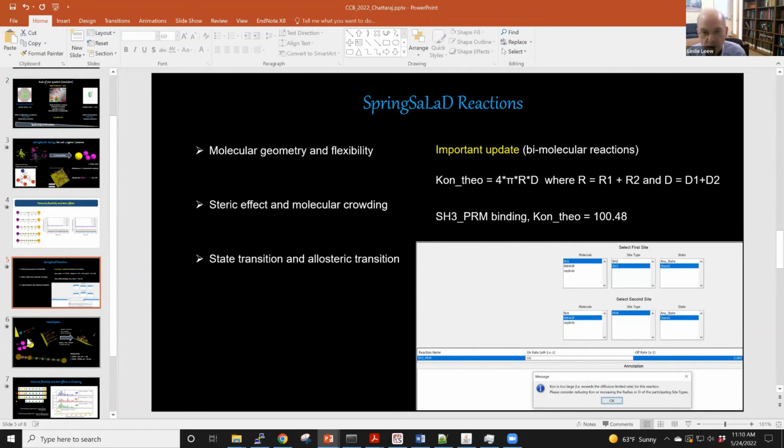One thing that I thought might be informative, I don't know how fast you can find this in your collection of PowerPoints, Ani, but we've been talking a lot about when it's important to do stochastic simulations versus deterministic simulations. We talked about that a lot yesterday. Right. And all of the SpringSaLaD simulations are stochastic. Right.